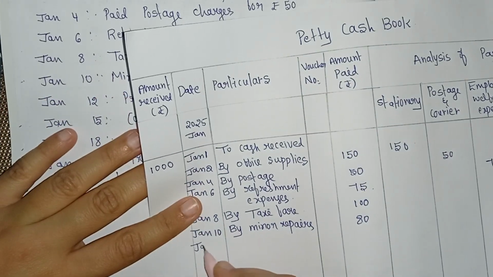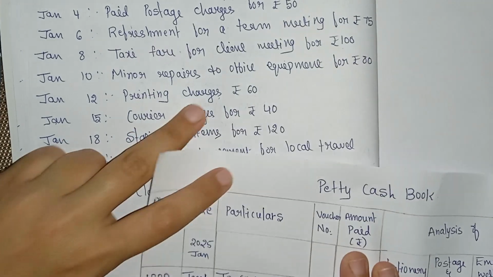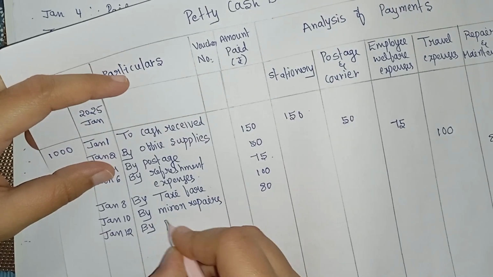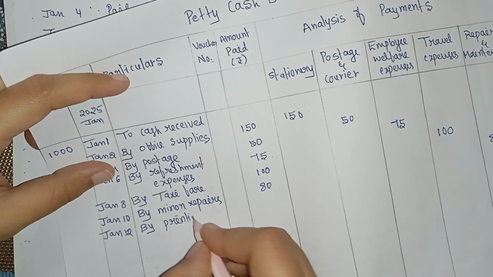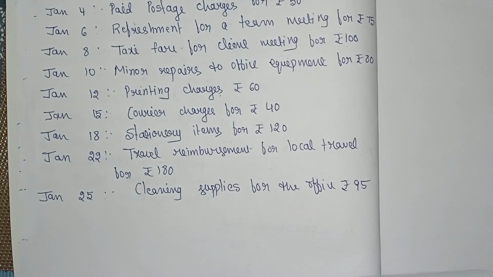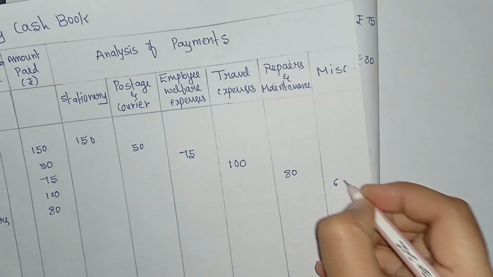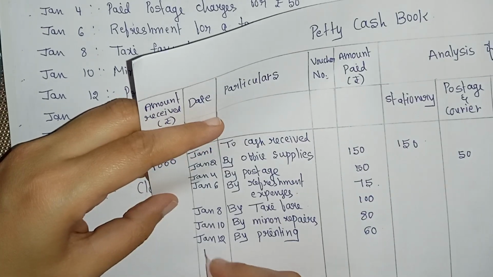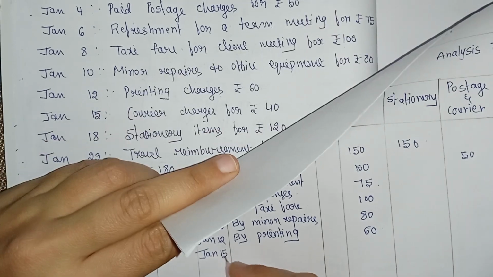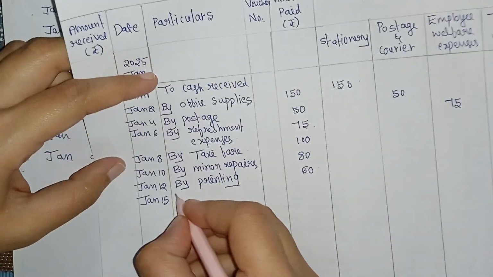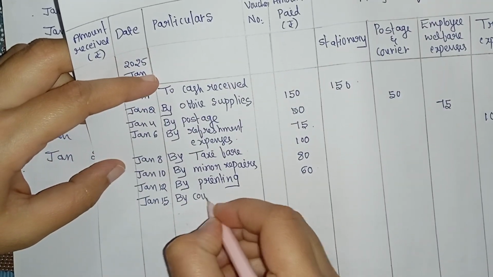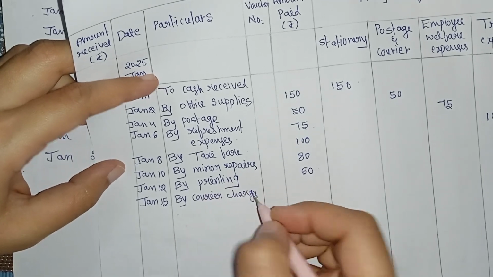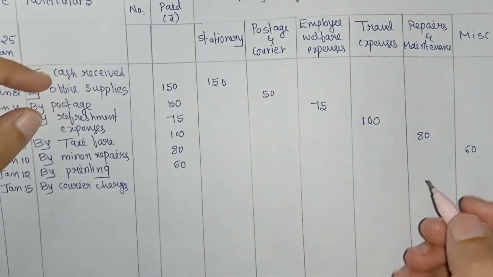Next one, January 12th. Printing charges rupees 60, by printing, under miscellaneous expenses, that is rupees 60, total amount 60. Jan 15. Courier charges for rupees 40, by courier charges, rupees 40.